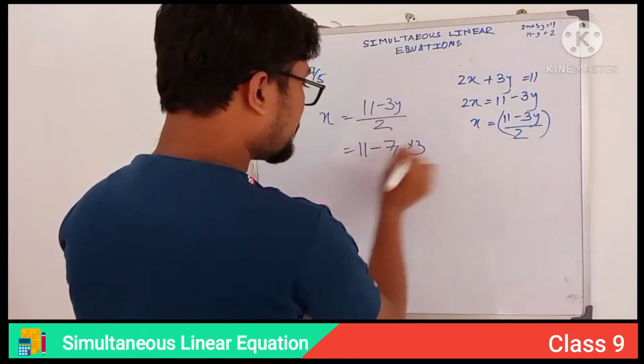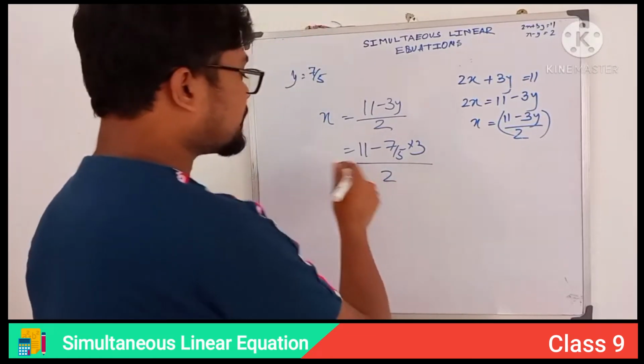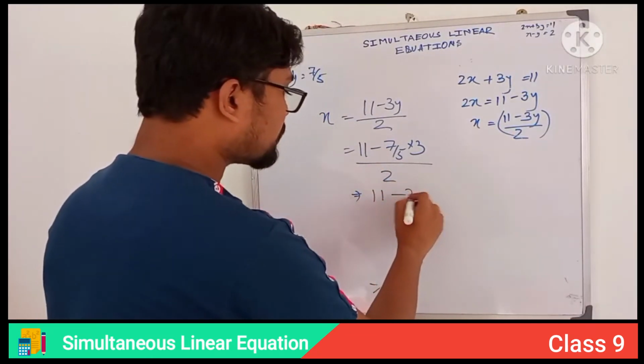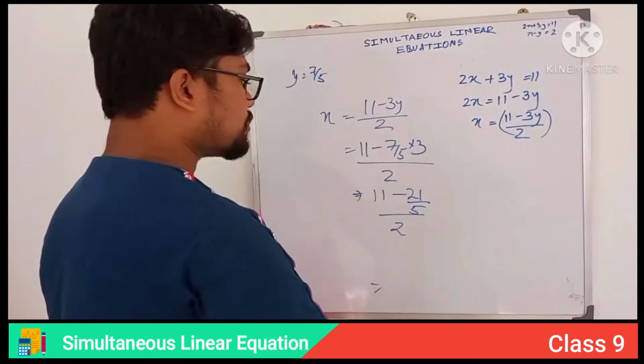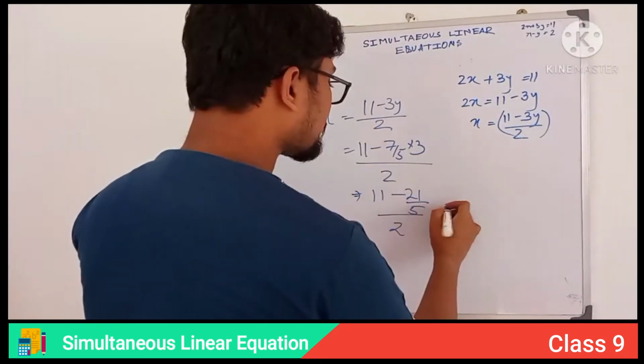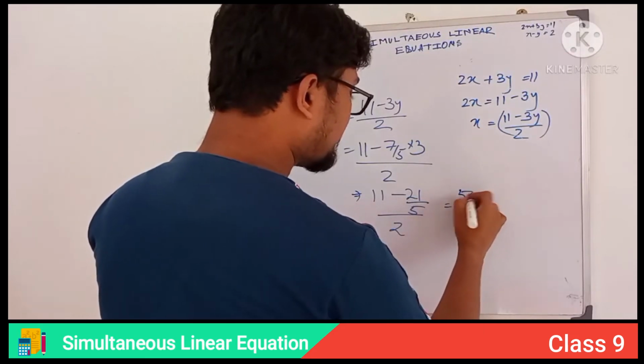Into 3y by 2. That means 11 minus 21 by 5, all divided by 2. That's 11 into 5, 55, minus 21.